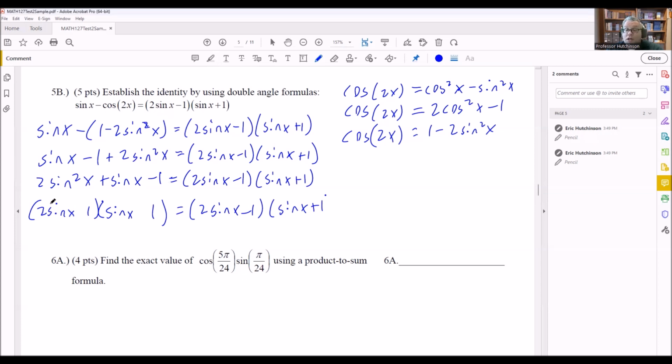And then I need to play around with the signs. So for 2 sine squared, I want to get a positive sign. So I'm going to put a plus here and a minus there. That way, 2 sine times the minus gives me a minus, and the other gives me a plus there. And then minus 1 plus 1 gives me minus 1. That tells me that both sides are now equal to each other. And so that means that we've shown that this is an identity.